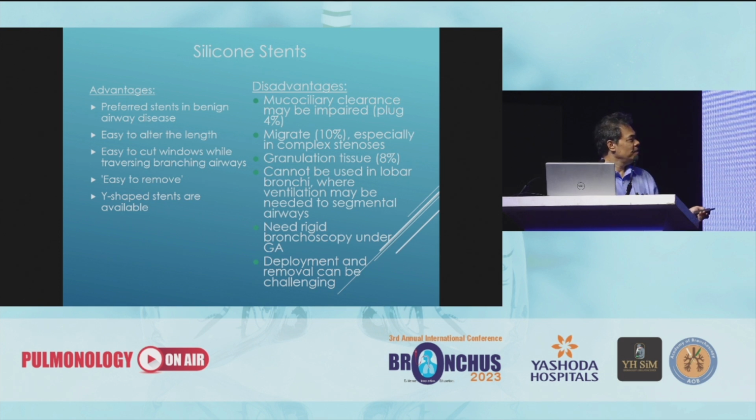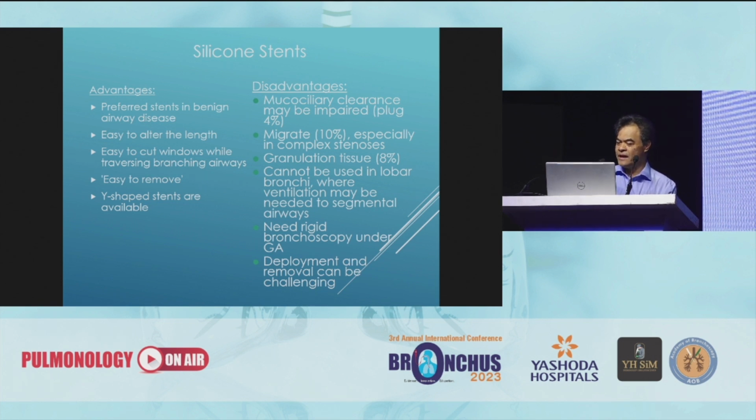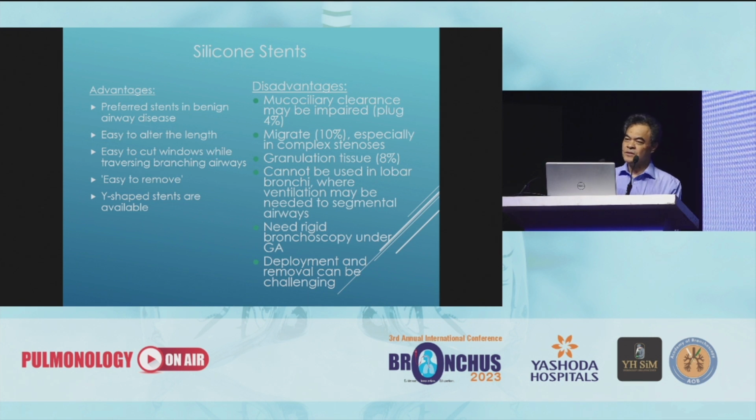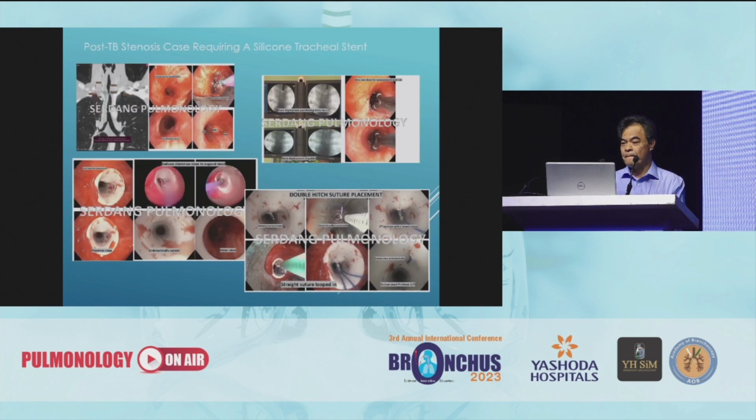And then of course you need rigid bronchoscopy to deploy a silicone stent and to remove it. Having seen a lot of TB stenosis, we know that the airway stenosis can be really complex, and the deployment of the silicone stent, even removal of the silicone stent in TB stenosis, can be quite challenging and even hazardous to the patients.